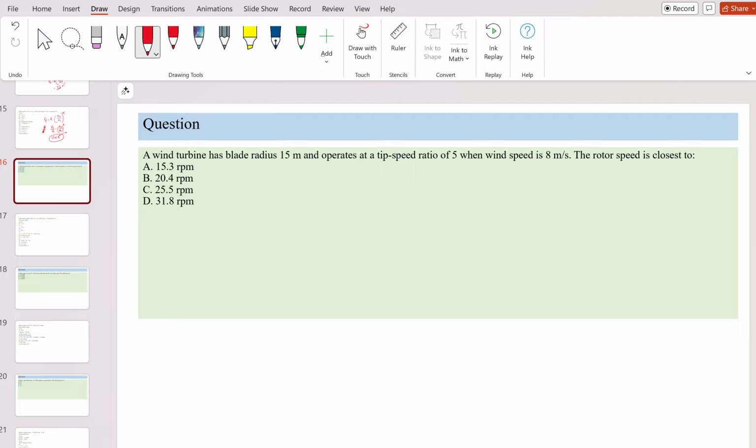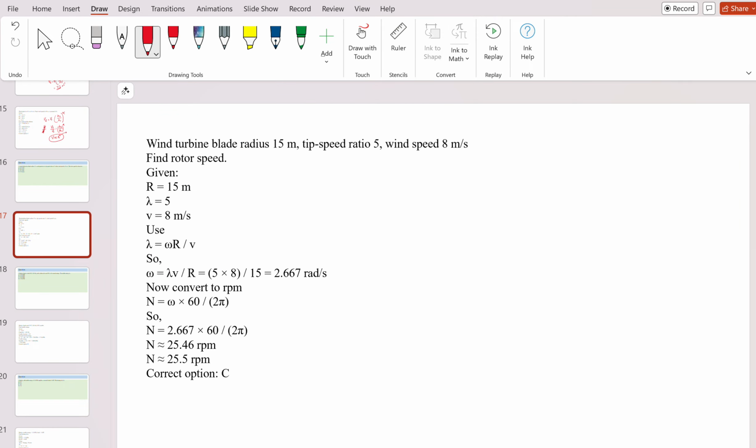So you have to remember one concept here. There is a formula relating to the wind turbine blade and the tip, the tip speed ratio. So you have this formula: lambda is equal to omega r by v.